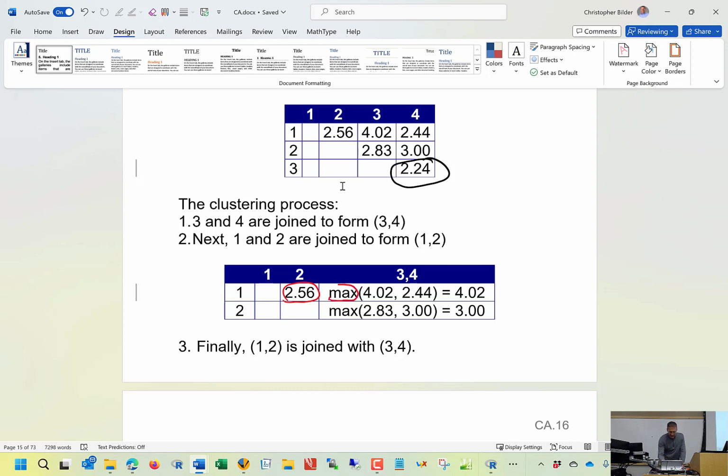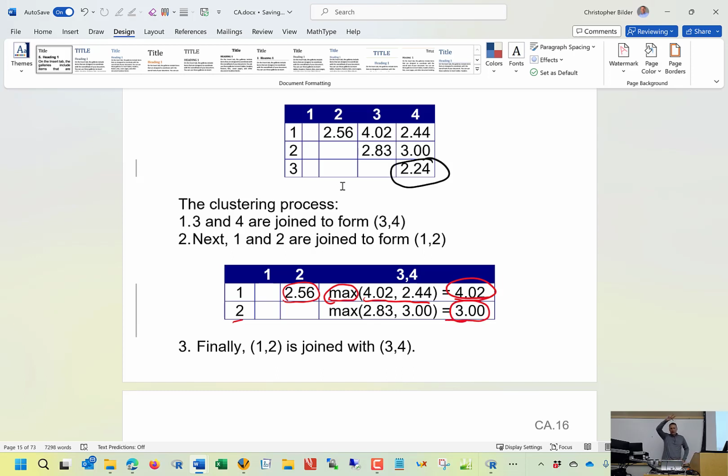Before, with nearest neighbor, I had min there. Now I'm going to use max. So the distance between the cluster that has just 1 in it and the cluster that has 3 and 4 in it is the maximum distance between 1 and 3, 1 and 4. That maximum distance is 4.02. When I compare 2 to 3 and 4, that maximum distance is 3.